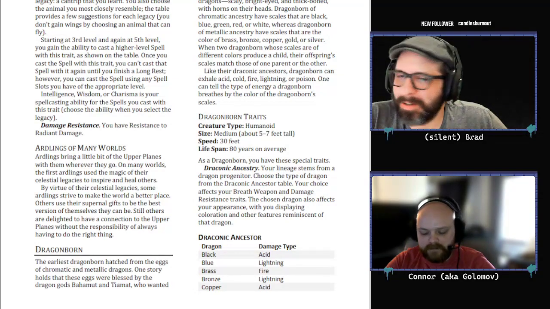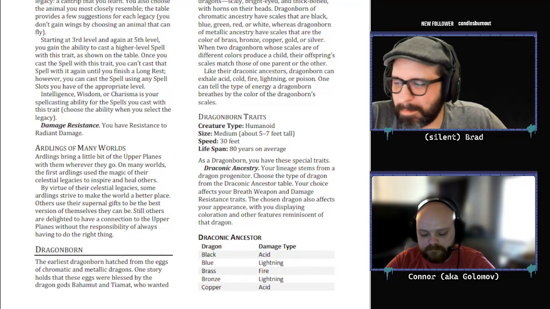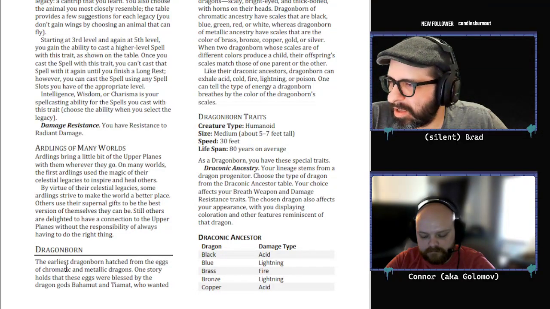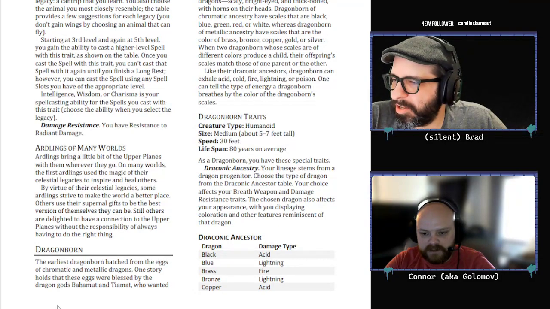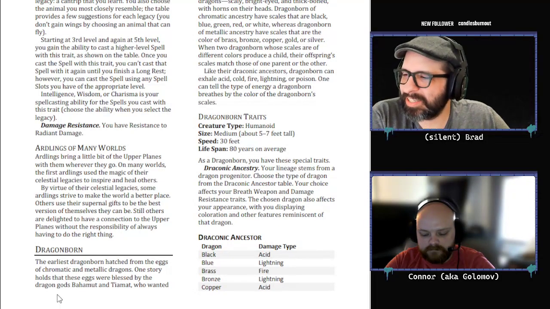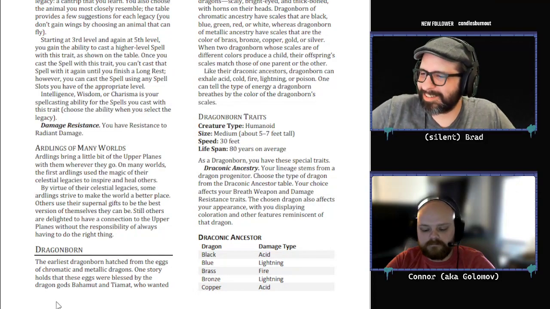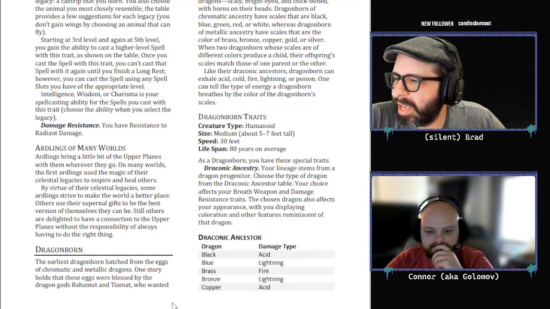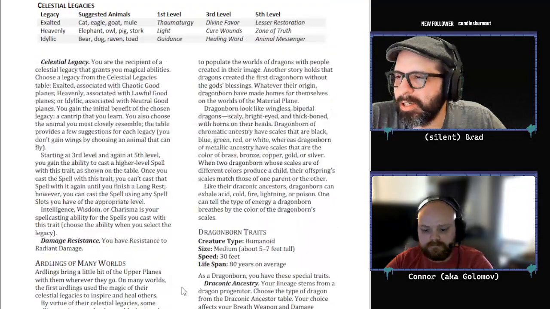Okay, so next is the Dragonborn. They are actually giving them more to do with dragons. The earliest Dragonborn hatched from the eggs of chromatic and metallic dragons. One story holds that they were blessed by Bahamut and Tiamat, who wanted to populate the worlds of dragons with people created in their image.